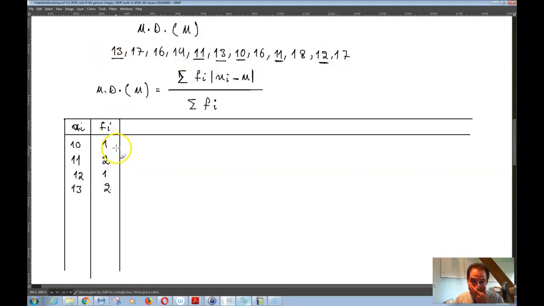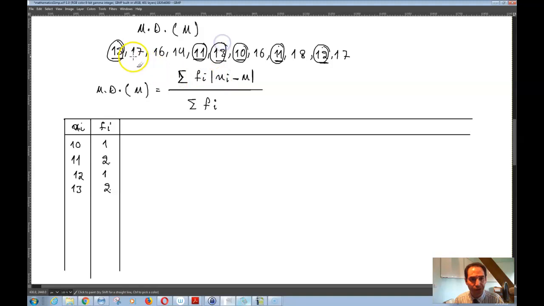So I have 10 which occurs 1 time, I have 11 that occurs twice, and I have 12 that occurs once, and I have 13 that occurs twice.